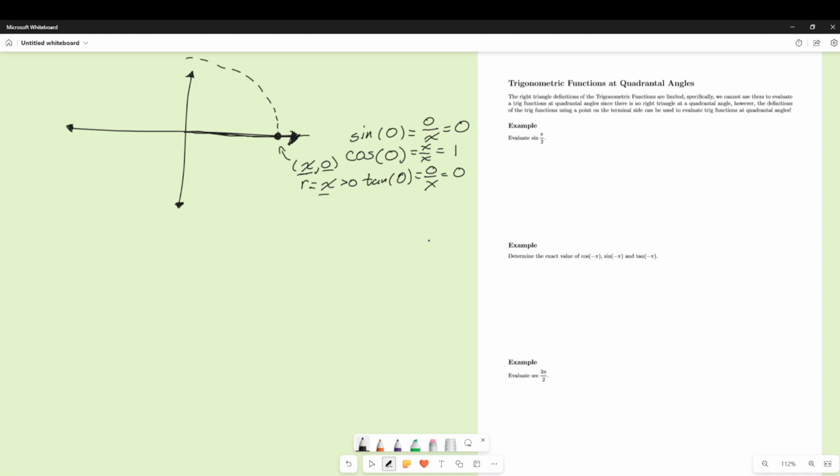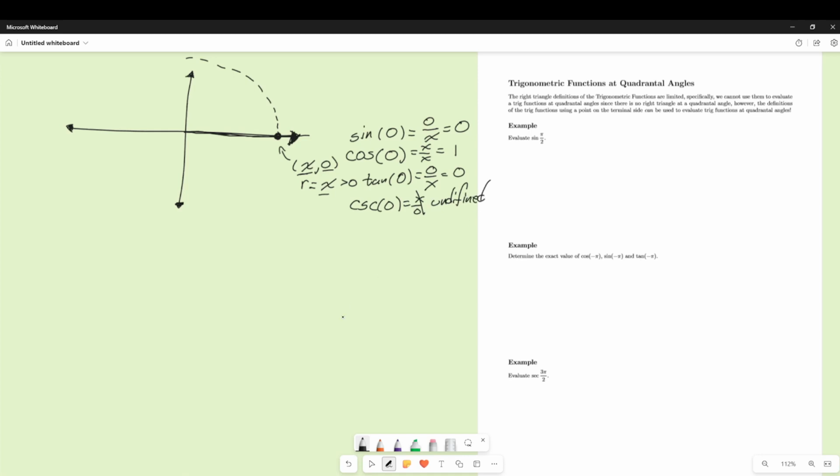So our quadrantal angles are usually fairly nice. They do misbehave a little bit when we start talking about some of our reciprocals, because our cosecant would want to be x over 0, which we know is undefined.